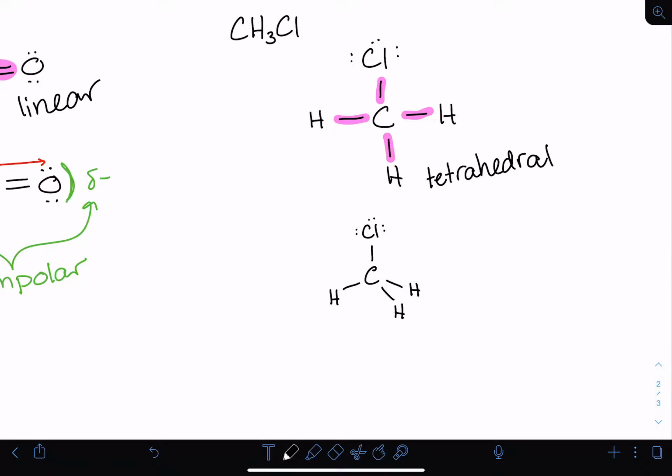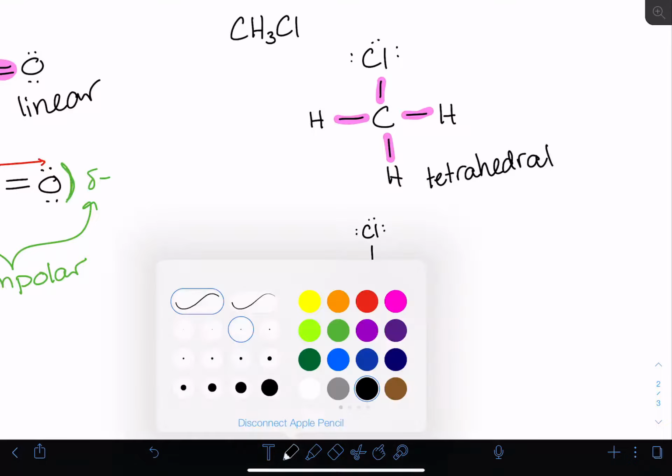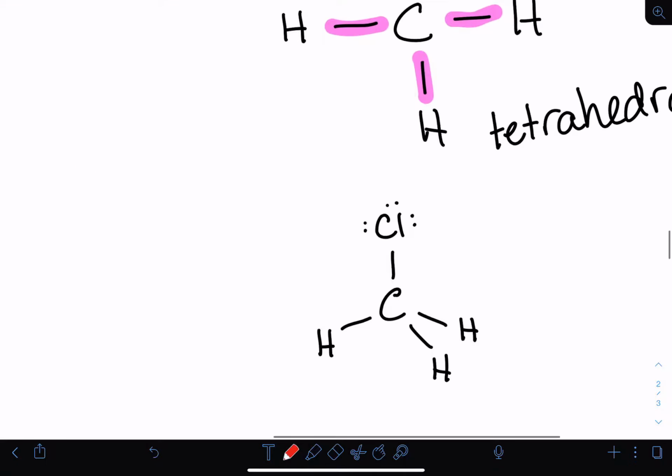So in this one, we need to think about, are our bonds polar? We said that carbon-hydrogen bonds were not. So the only polar bond that we have is this carbon-chlorine bond here. The polarity depends upon the arrangement of the polar bonds specifically, and only the polar bonds.